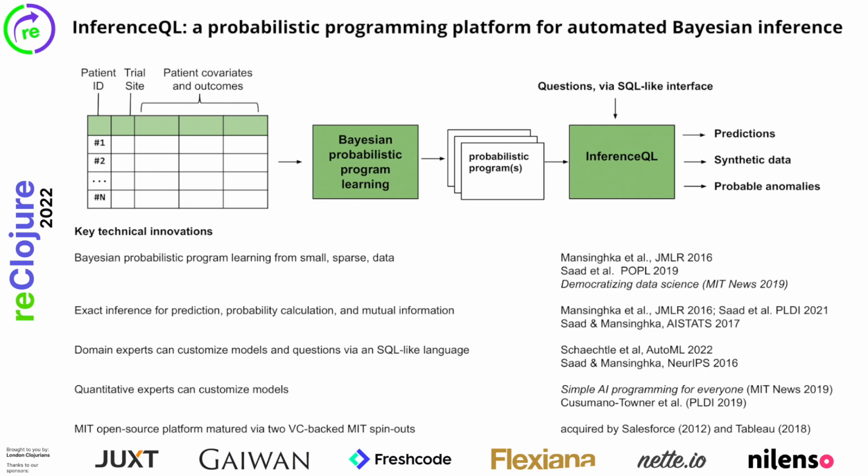I won't go into the details of this research here, but the high-level picture is that in InferenceQL, you learn probabilistic programs from data and then query them using a SQL-like interface that can make predictions, infer probable anomalies, and generate synthetic data. And the references on this slide show some of the computer science and computational statistics problems that we had to solve to scale Bayesian structure learning and probabilistic programming to this challenging setting.